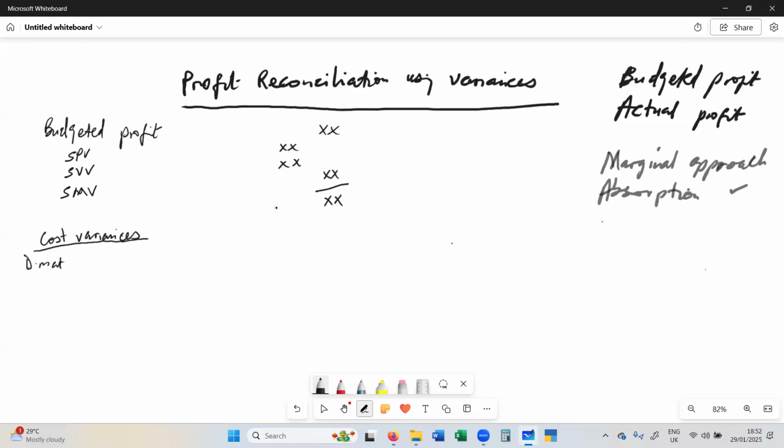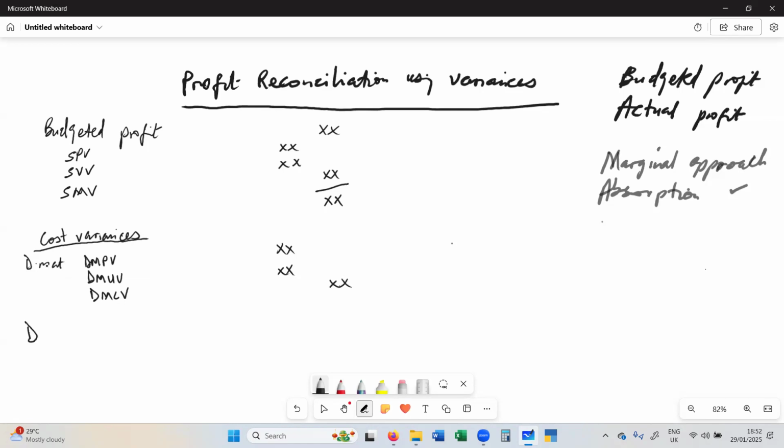So you have direct material price variance, direct material usage variance. Then when you add the two, you have the direct material cost variance. You see that? So these two, but if you want to net them, then you have the cost variance.